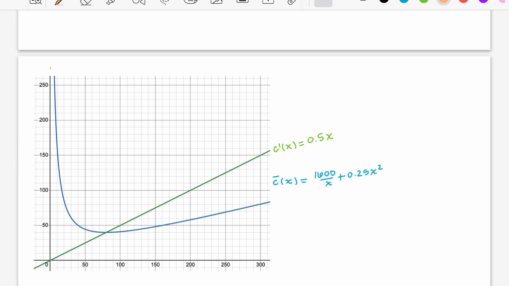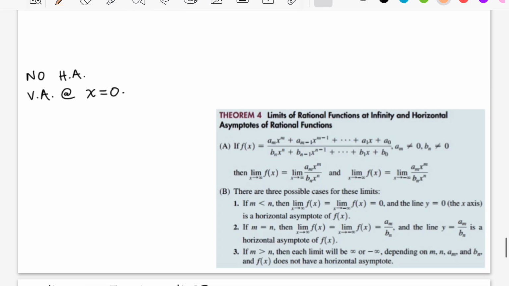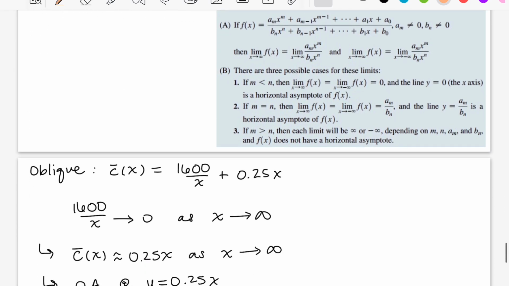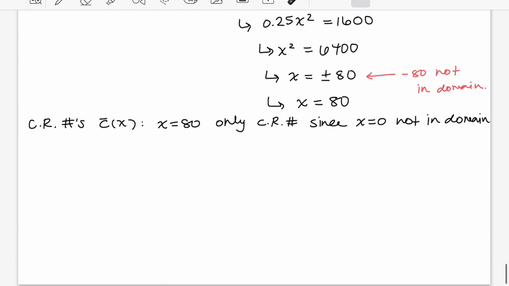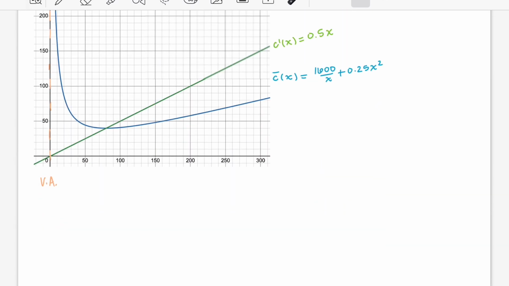We know that our vertical asymptote can occur at x equal to 0. We also know that we have an oblique asymptote when y is equal to 0.25x. So we can do a rough sketch of that, and that actually looks like this here. So we have this oblique asymptote, an asymptote that's not horizontal or vertical.